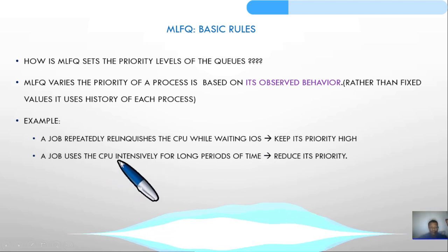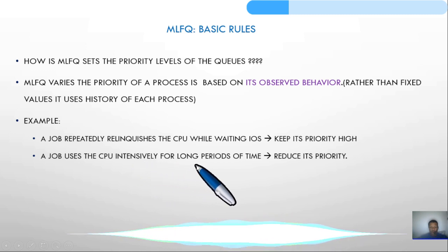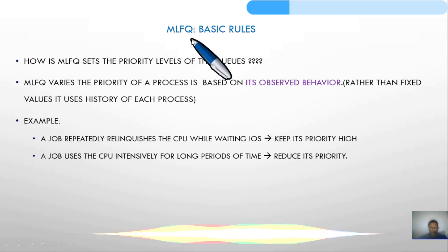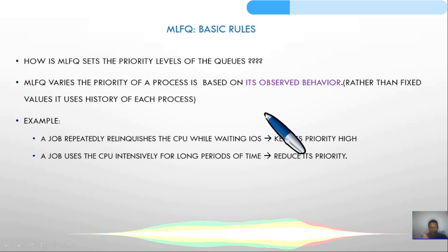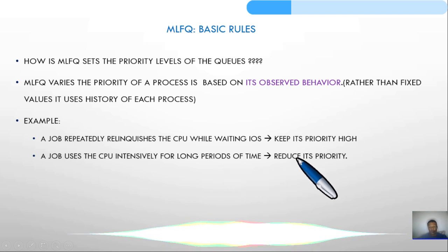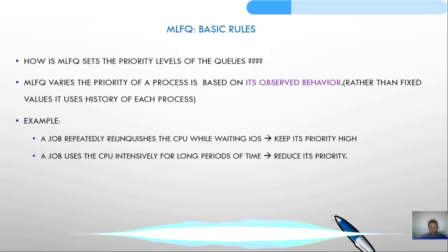A job that uses the CPU intensively for a long period of time will have its priority reduced because it is a CPU bound process. So in MLFQ, interactivity and CPU boundness determine the priority level. If it is interactive, it has higher priority. If it is CPU intensive, then its priority is reduced.